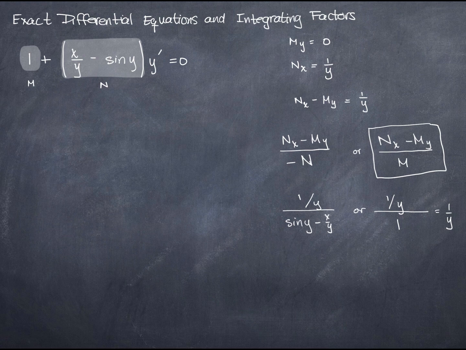And what's critical here is that in addition to this being nice and tidy, it is a function of only y, not x. This one is still a function with an x and a y in it. So I couldn't use this one even if I wanted to in this class, right? So I'm going to use this one, and I'll put a reminder up here.